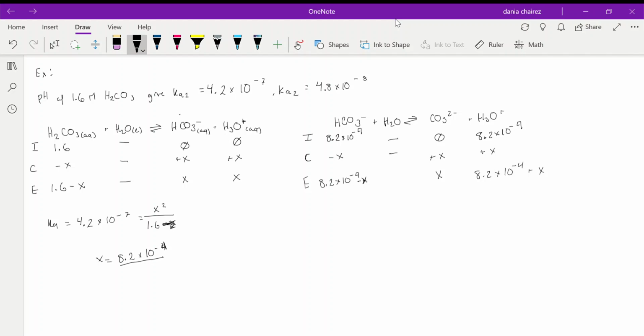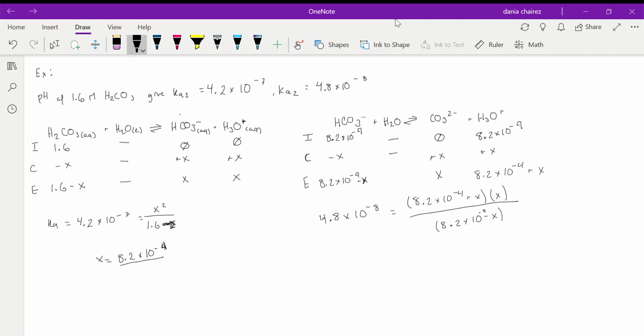So then we set up our second Ka, which is 4.8 times 10 to the negative 8 is equal to 8.2 times 10 to the negative 4 plus x times x all over 8.2 times 10 to the negative 4 minus x.